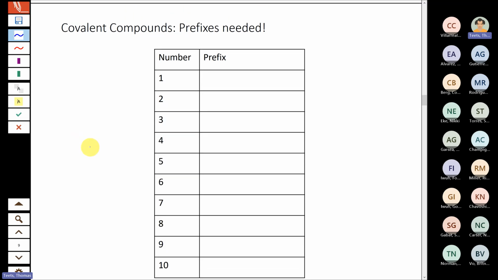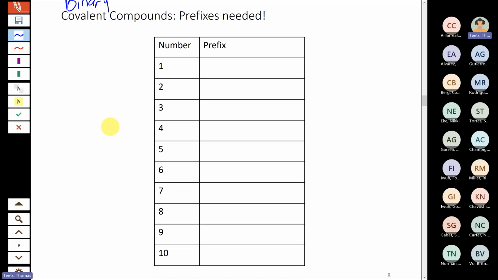These are for binary covalent compounds, really the major type that you'll be responsible for. Binary, again, meaning a compound that just has two elements in it and no more than two. The prefixes are fairly common. They come from Latin, I think.